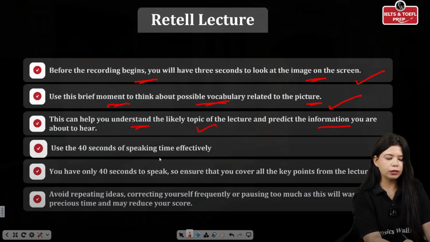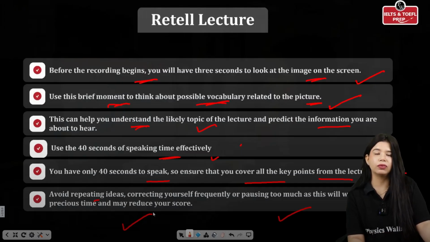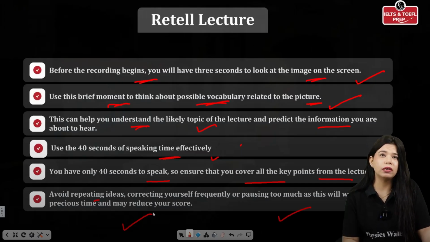Use the 40 seconds of speaking time effectively, and you have only 40 seconds to speak. So ensure that you cover all key points from the lecture. Please do not repeat ideas and there's no need to correct yourself too frequently. Do not pause too much as this will waste precious time and may reduce your score. 40 seconds is a very short period of time.